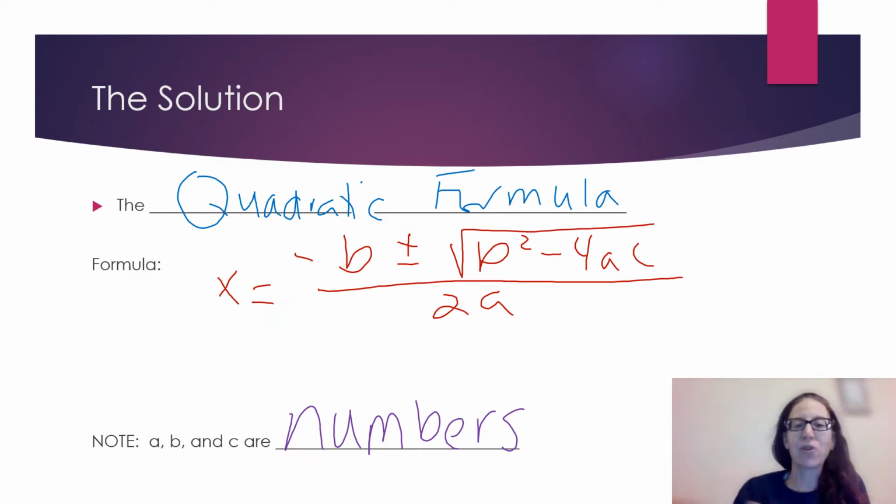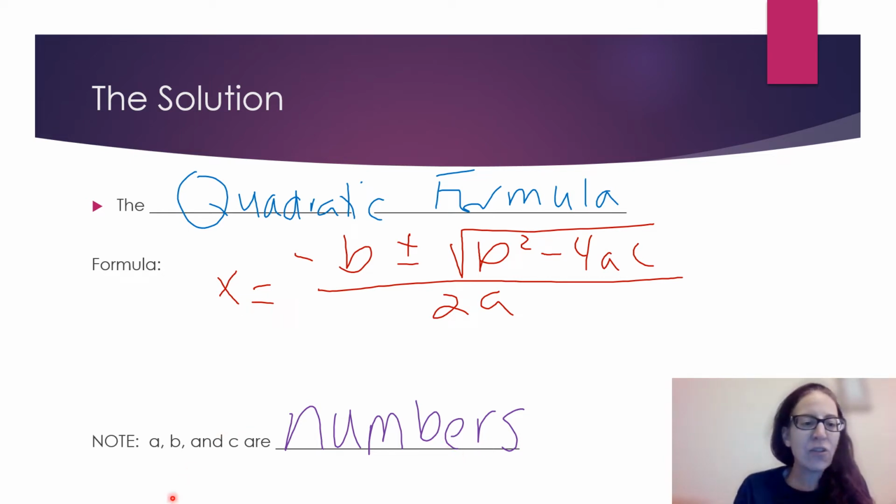Now, those numbers could be 0 if you don't see the B or you don't see the C. Okay, then it probably means it was 0. It might mean that they are 1. So if you just see the x squared but you don't see a number, it means A was equal to 1. All right, but there's never any situation where an x turns up inside the body of the formula. Okay, nope, nope, nope. You're just going to take numbers, get plugged in there.